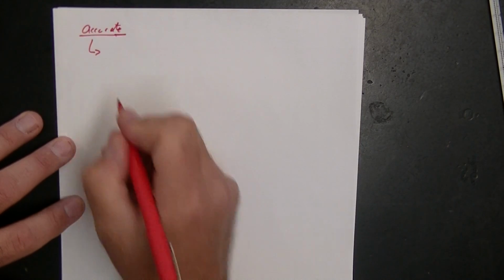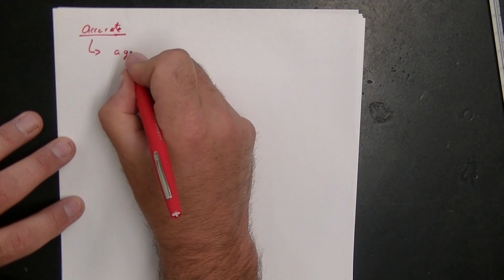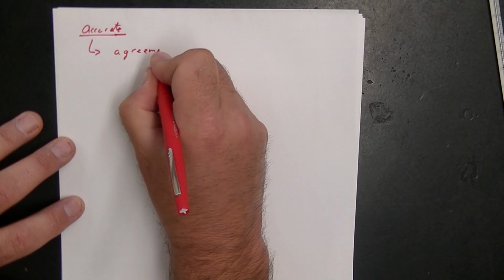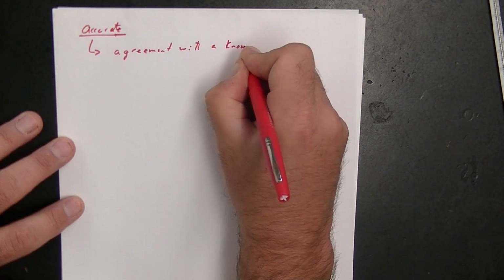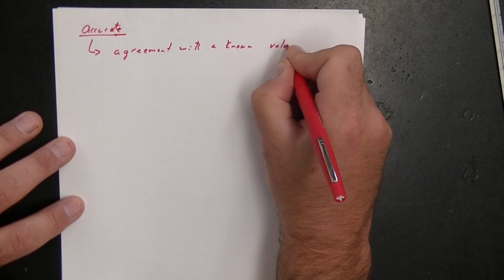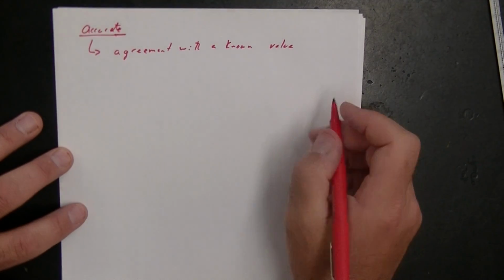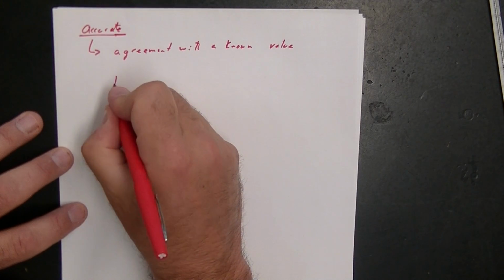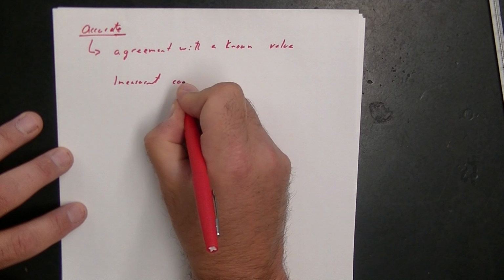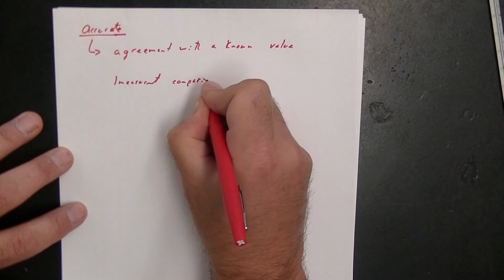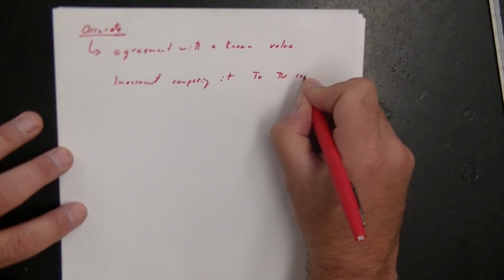And when we're being accurate, this is an agreement with a known value. So this is taking one measurement and comparing it to the real value or the known value.